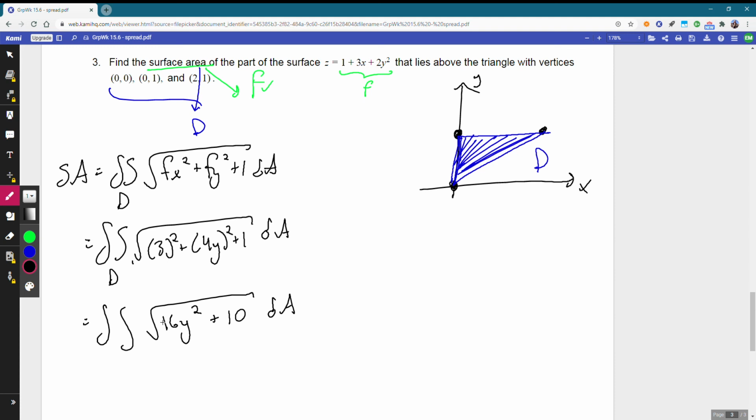So let's try and make x our variable to start, and that'll be setting y and moving x. And it looks like we're always moving x from 0 out to our line. So we set y here, starting x at 0, move it out to the line. So we have consistent instructions. Be able to get by with one integral.